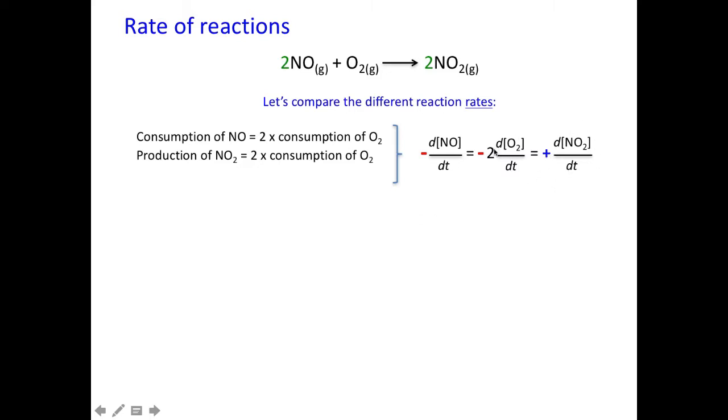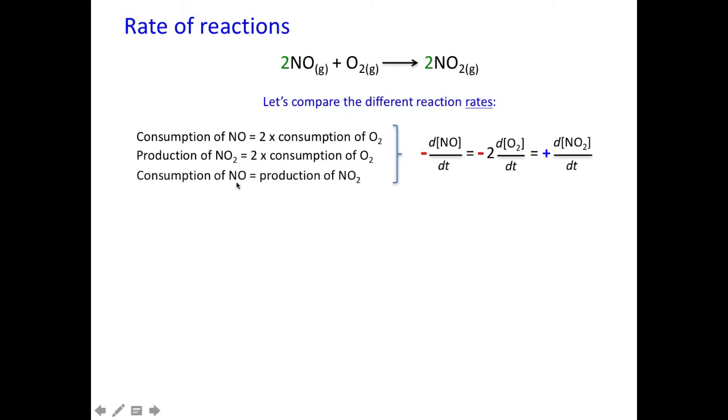This last part of the expression shows that the production of NO2, shown here with a positive sign, is 2 times the consumption rate of O2.